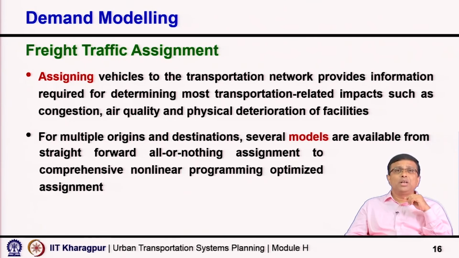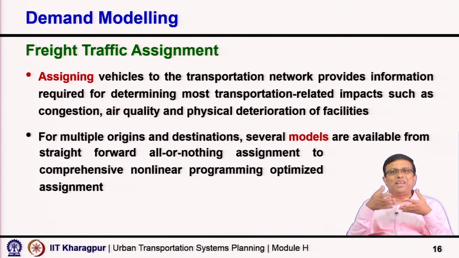Again, I would like to remind you that for route assignment or the traffic assignment part, that is again an important consideration, and physical deterioration of facilities. Not all types of road can handle freight traffic, because your pavement design considerations have to be there. You remember the way we design the highways, village roads we do not design in the same manner, right.